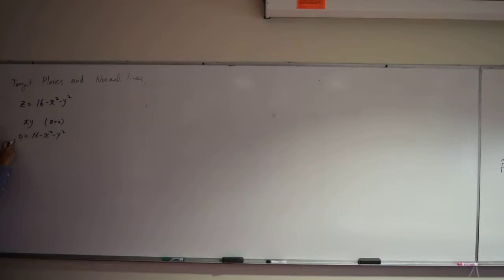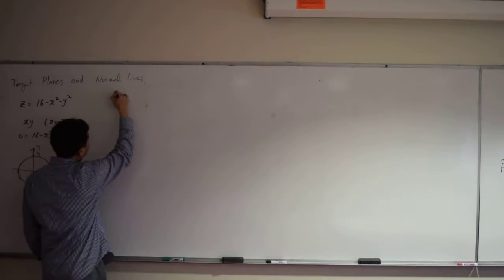What kind of curve is this? It's a circle of radius 4, because if you move this to the other side, you get x squared plus y squared equal to 4 squared. 16 is 4 squared, right? So this is a circle of radius 4. That's the xy trace.